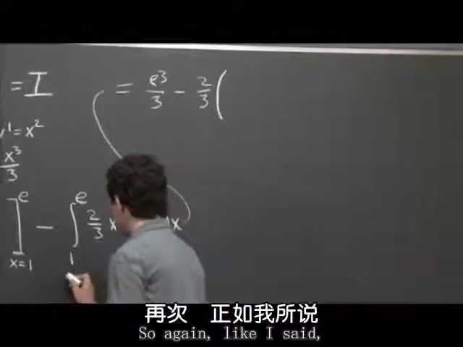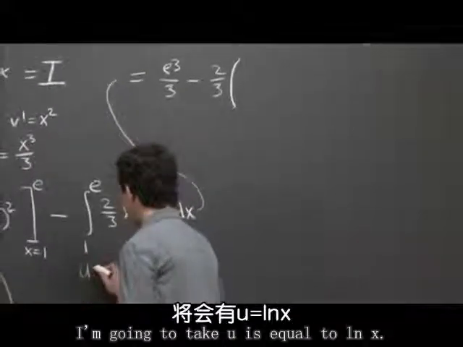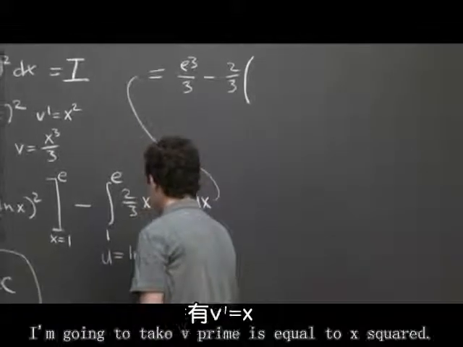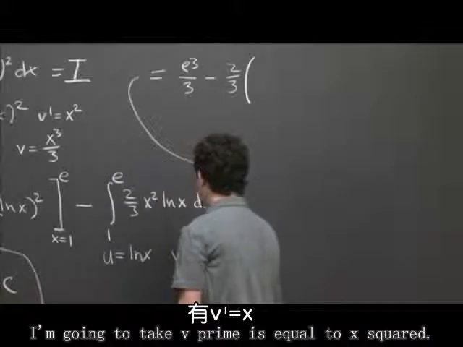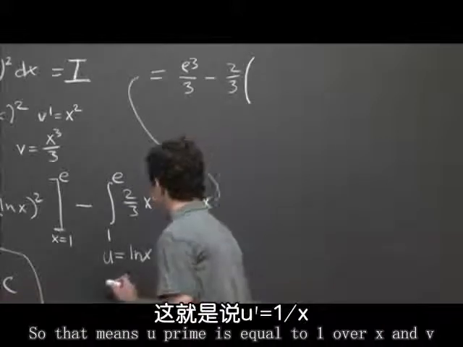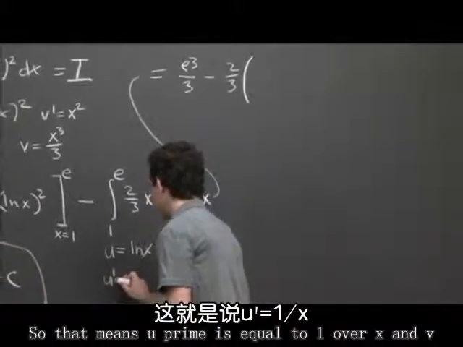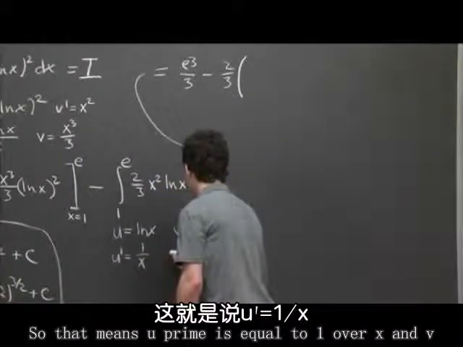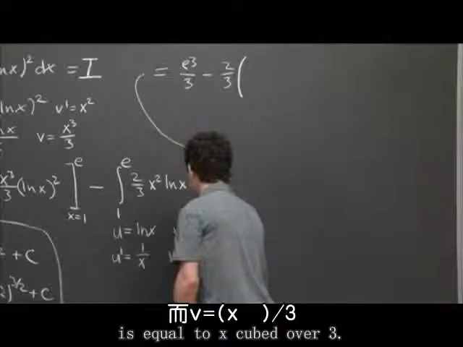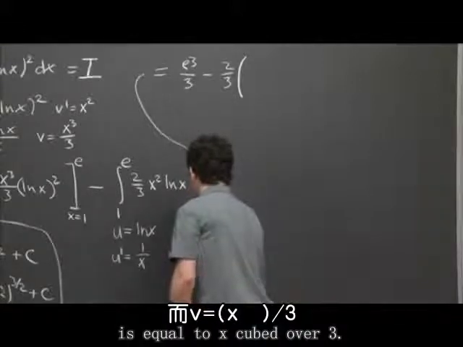Again, I'm going to take u equal to ln x and v prime equal to x squared. That means u prime is equal to 1 over x, and v is equal to x cubed over 3.